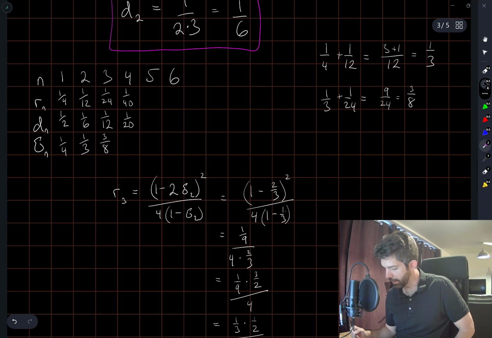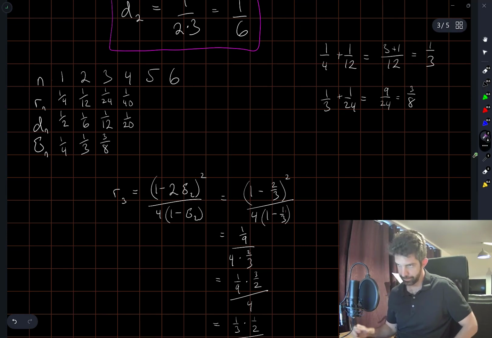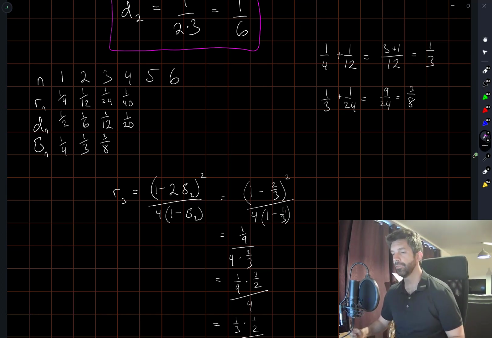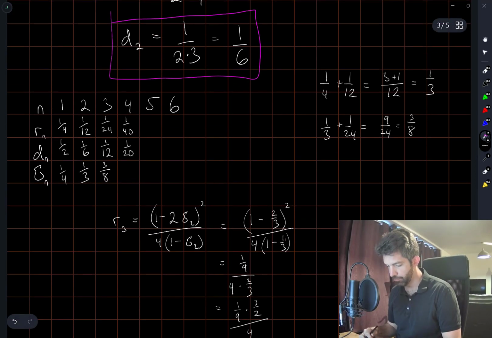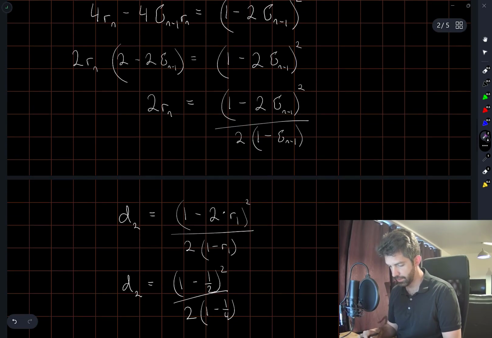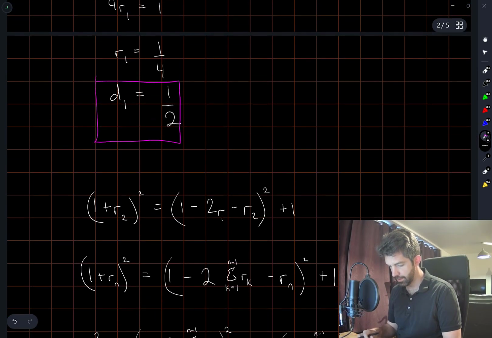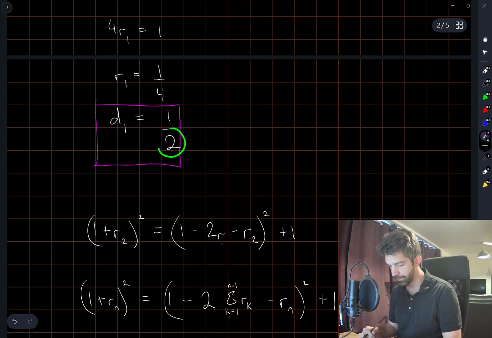So the pattern that I want to point out here, and in fact, the viewer that sent this question has the correct answer highlighted. So I knew already to look for this pattern. But if we look at the diameters, D1 is equal to 1 over 2.